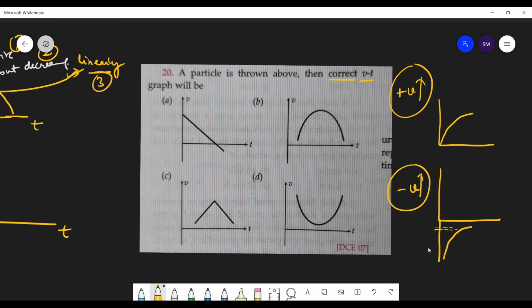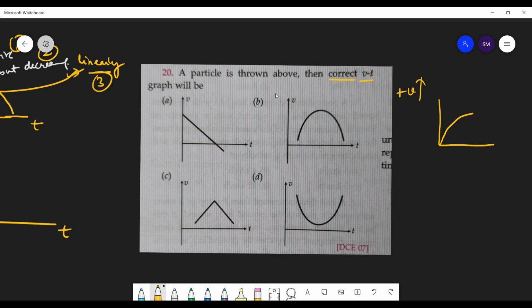Okay, we are running out of time, so let us just finish off this question. A particle is thrown above, then which one is the correct graph? Option A.